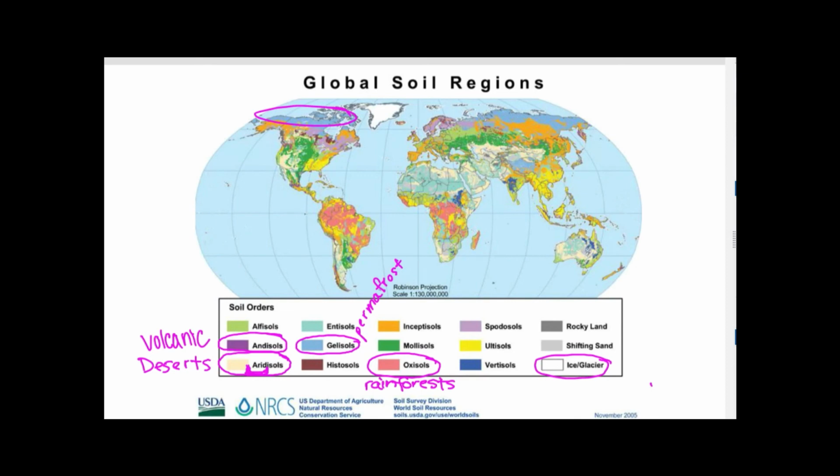Okay. And then if you want to know, what is the very best soil, the best one for growing? That's typically these mollisoils. These are going to be typically the best for crops.